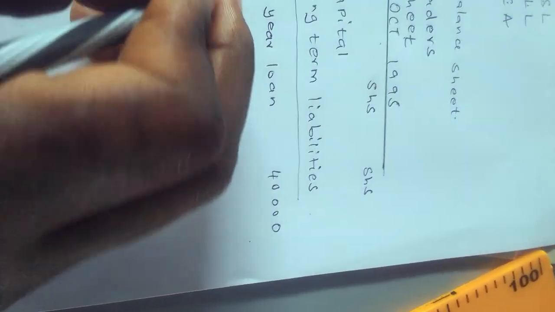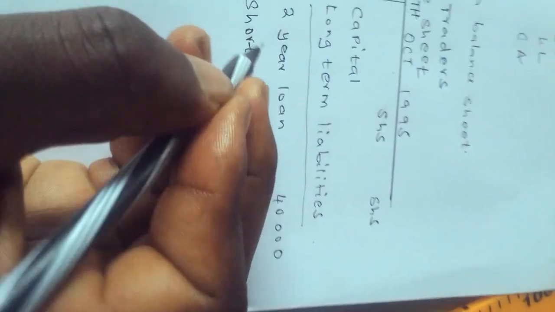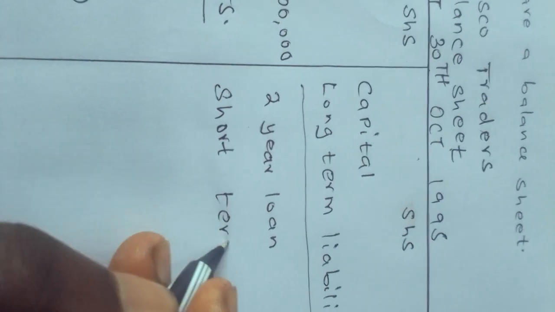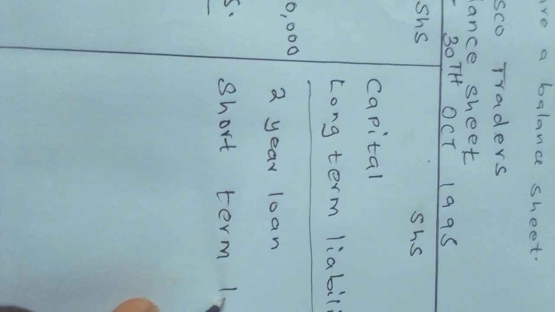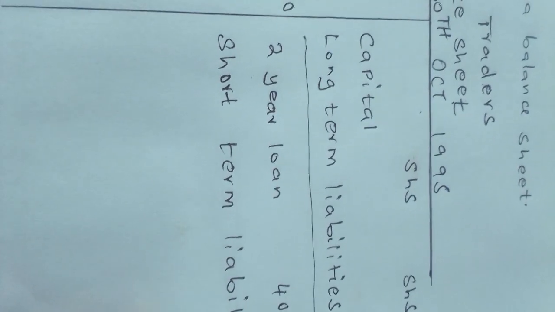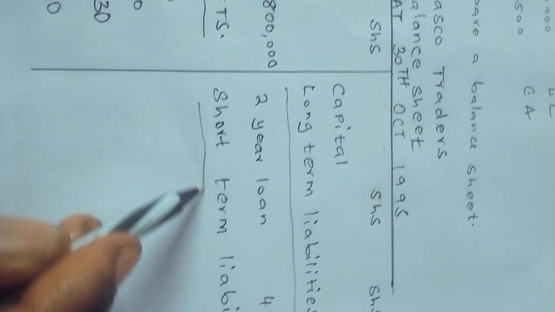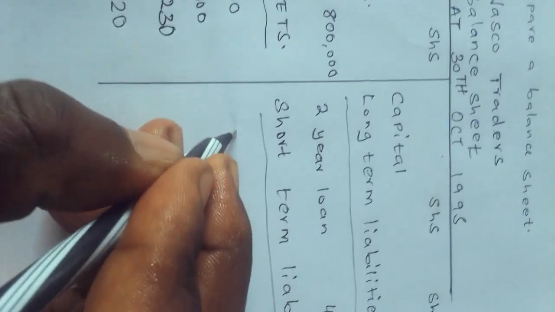You add this one plus this one, and you are going to get 1,023,250. That is the total assets.